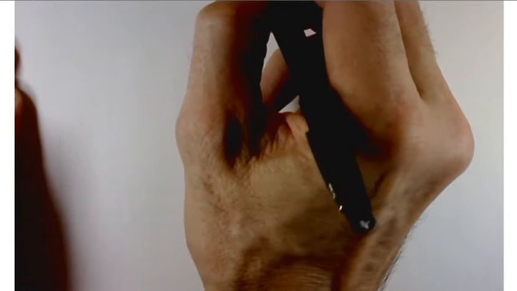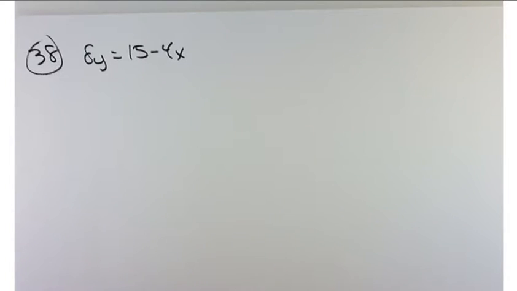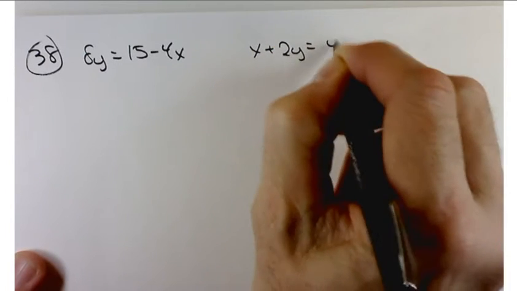8y equals 15 minus 4x, and x plus 2y equals 4.